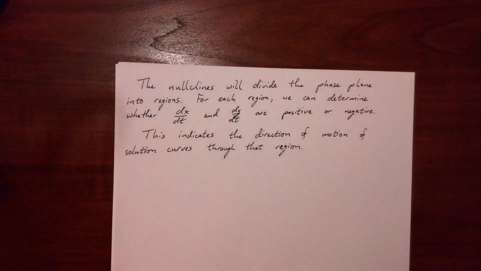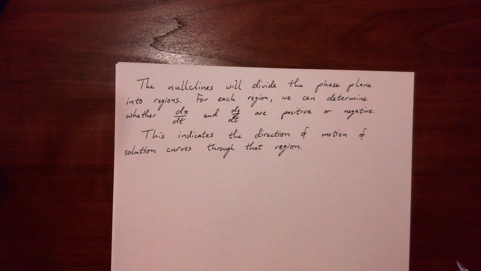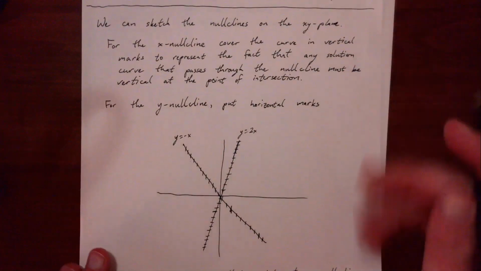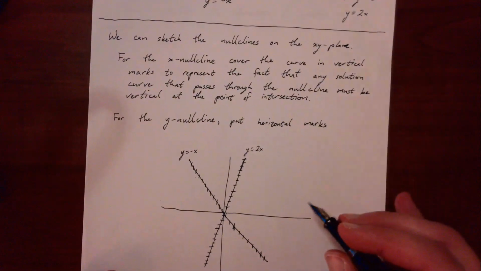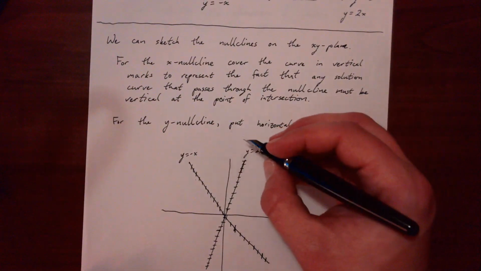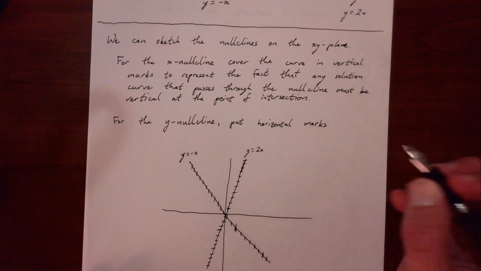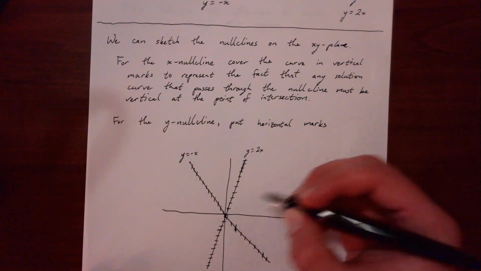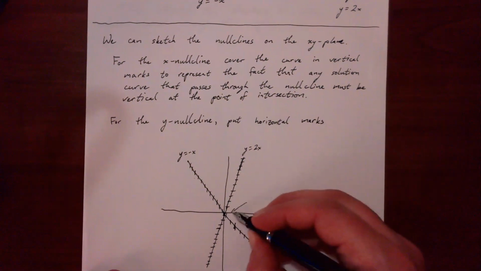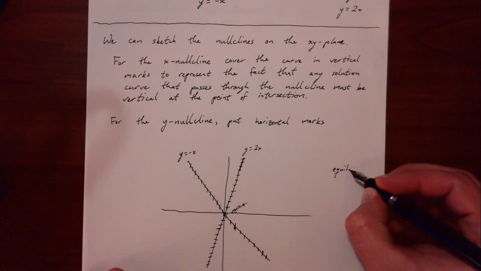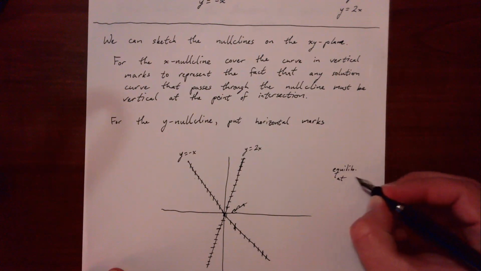It's very possible. So here for our example, let's just go back over here and ask ourselves in each of these sections what are we going to get. So this point right down here is clearly 0, 0. That's the equilibrium. So just mark that off to the side. Equilibrium at 0, 0.